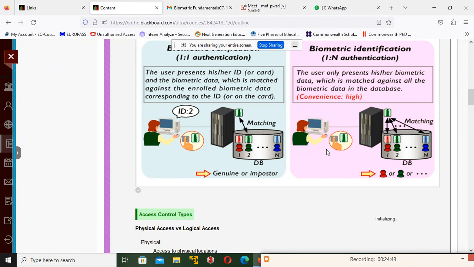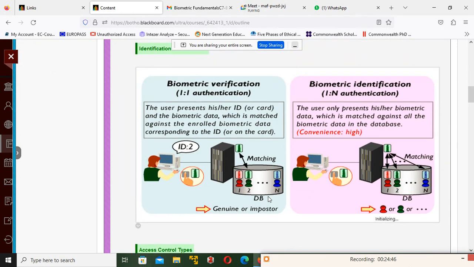So with verification, as I was explaining earlier, a third piece of data should be present, which can be in the form of a card or a token, just to verify that it is you. Now, in identification, mostly it is the matching, which I have explained from the crime scene point of view.